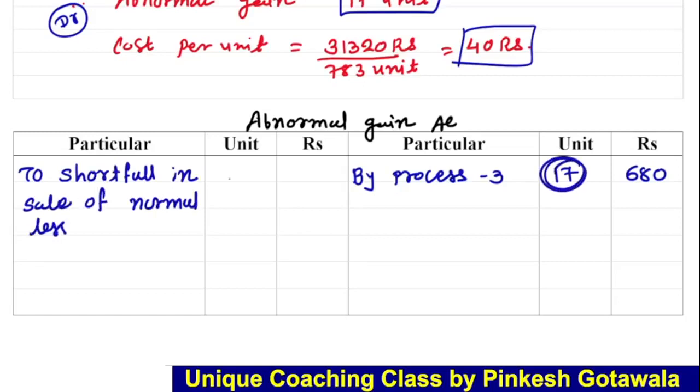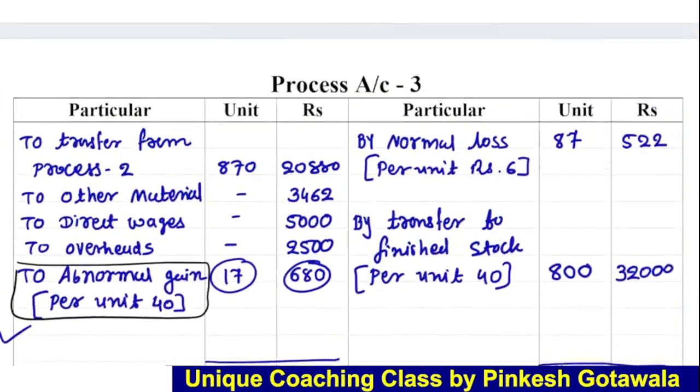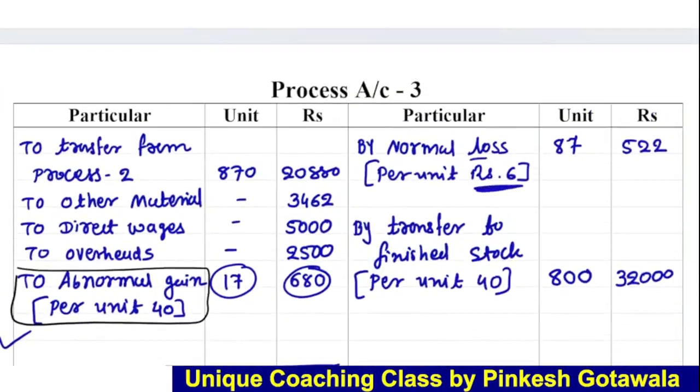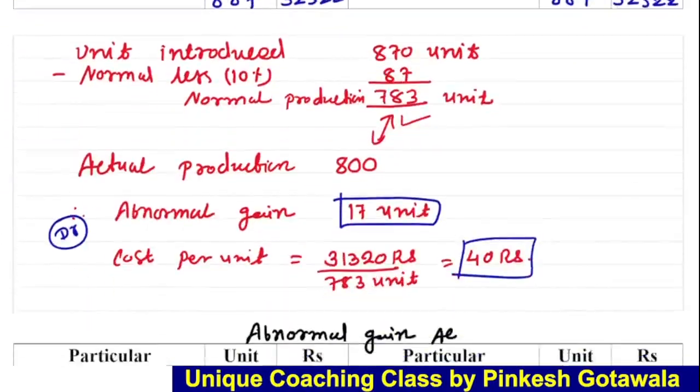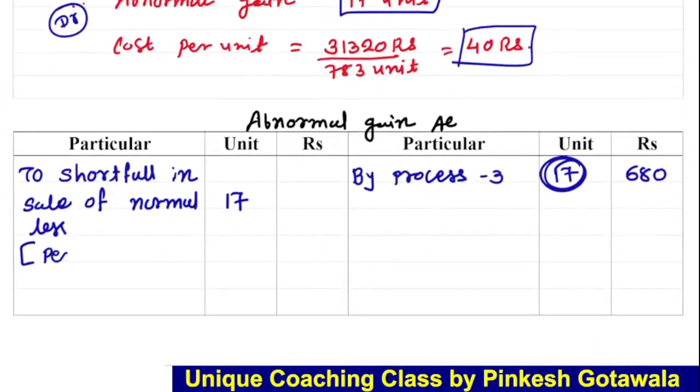Here 70 unit, here 70. And price, which price? The sales price of normal wastage, normal loss. This is normal loss, we sold at ₹6. Okay, normal loss ની જે price છે, sales price છે એ આપણે લઈશું. Normal loss sales price, that is ₹6. So 70 into 6, 420. Now if we close, always difference come debit side in abnormal gain and it will be transferred to P&L account.